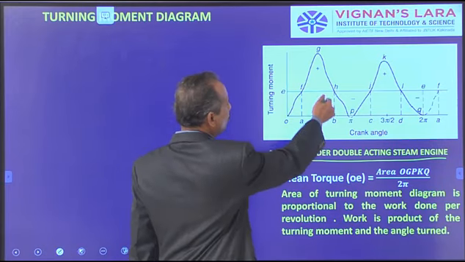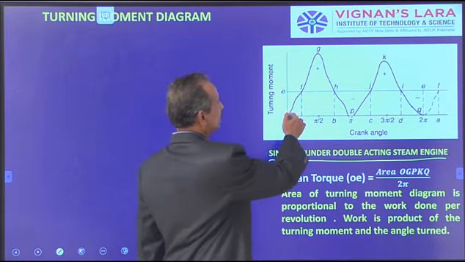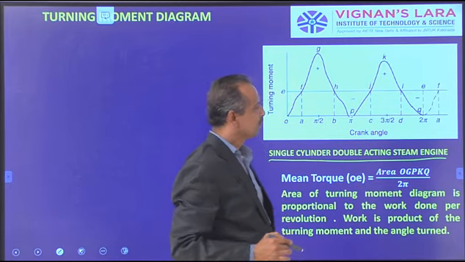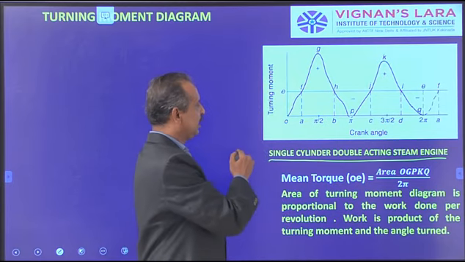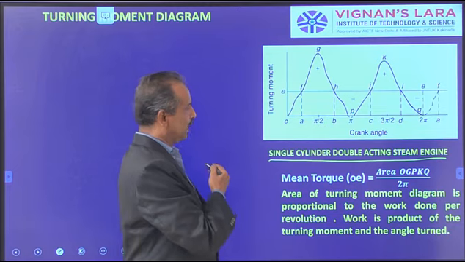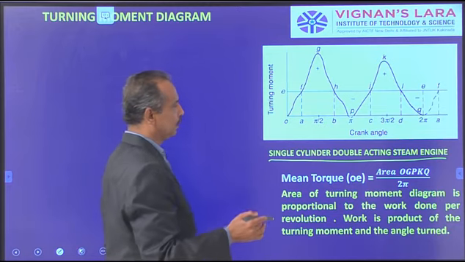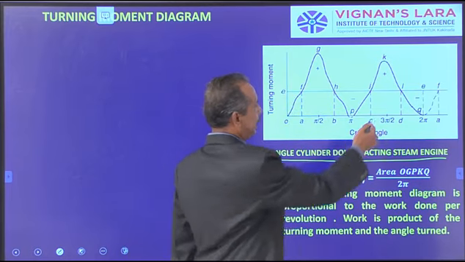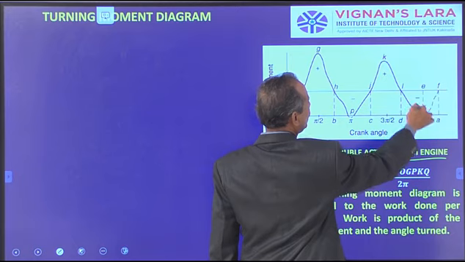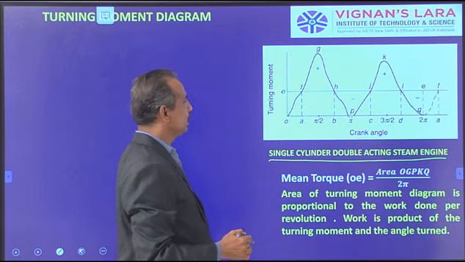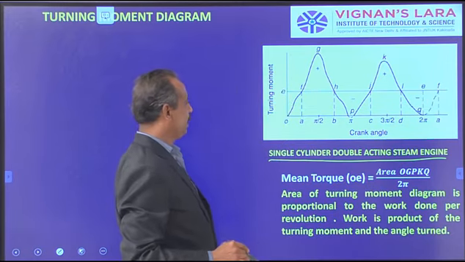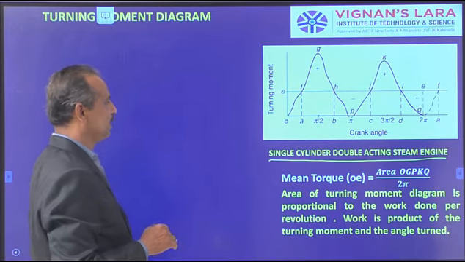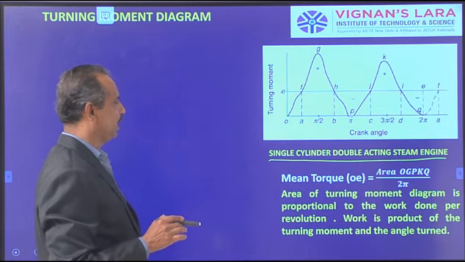There are two loops here, that is OGP and PKQ. As I said, moving from one end to the other end, that is 0 to pi, this is the outward stroke cycle, and the inward stroke is PKQ. So this is the turning moment. The area under this turning moment diagram is proportional to the work done per revolution.